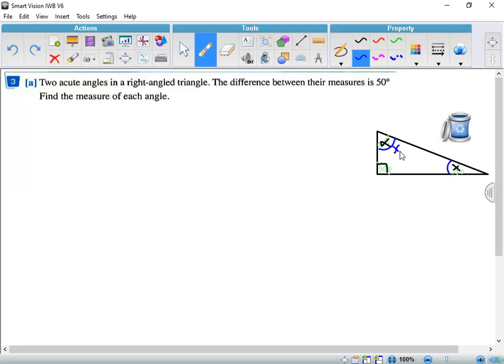Let this be x and this be y. What we know about this triangle is that x plus y equals 90 degrees. Then, before we start, we can say x plus y equals 90 degrees.